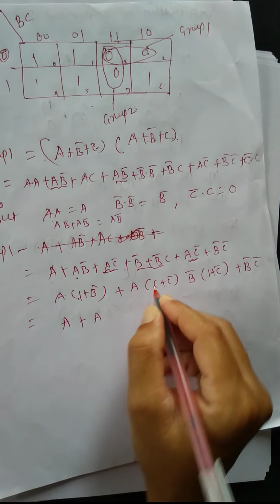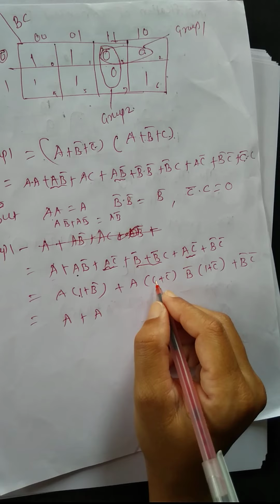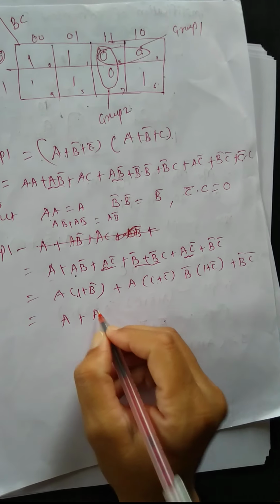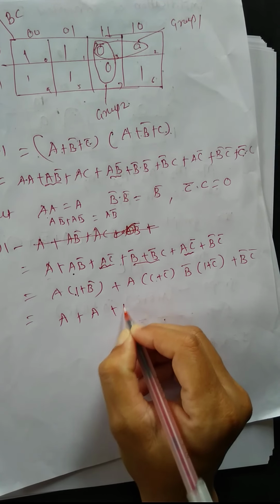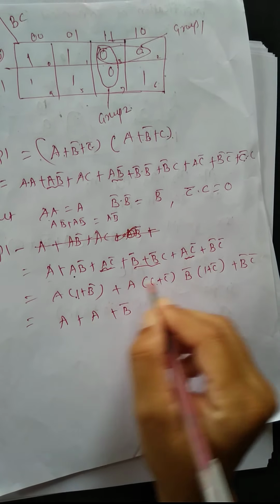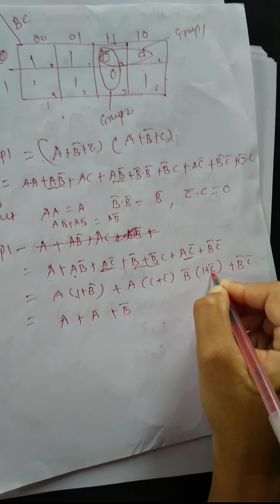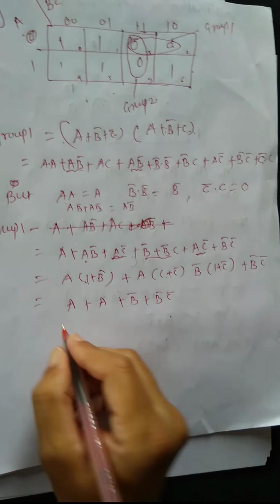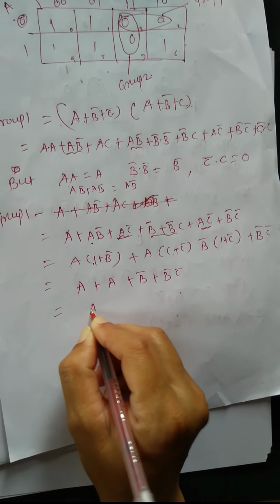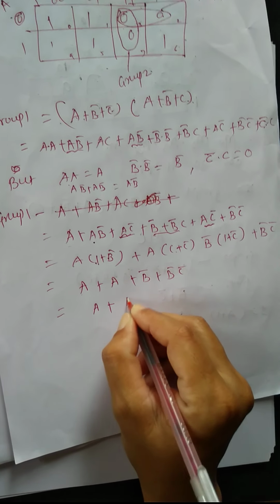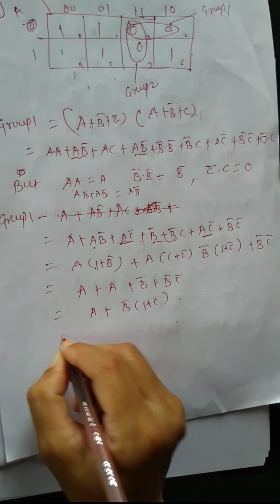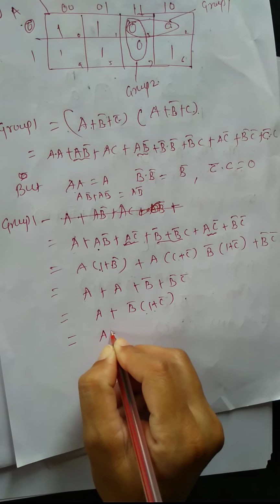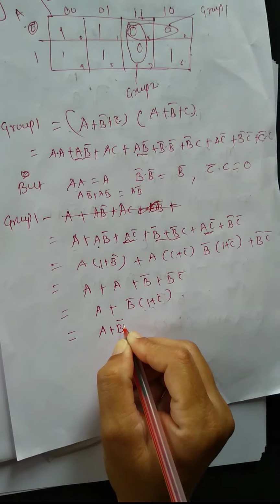Next, c plus c bar is 1, so this term is a. The next term is b bar. For this term you have to use the law. Next b bar c bar, the last term. After that a plus a is a. Next b bar into 1 plus c bar, then again use the law. So the group 1 answer is a plus b bar.